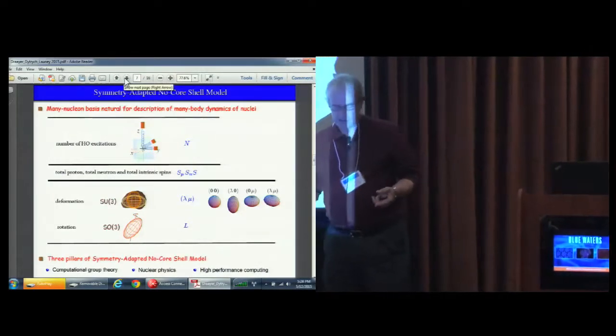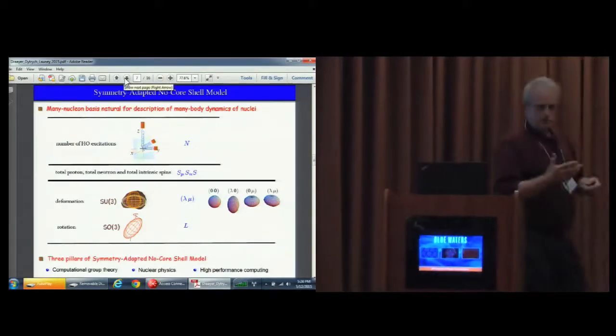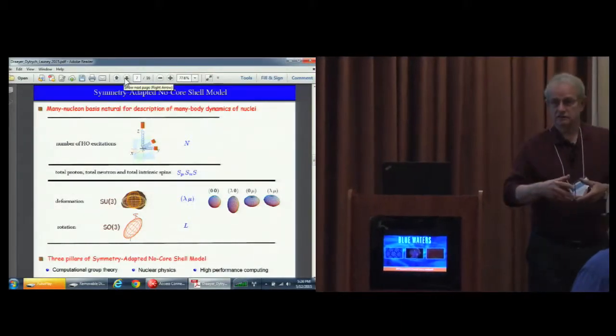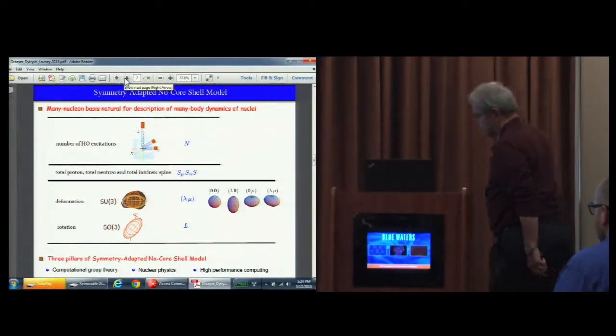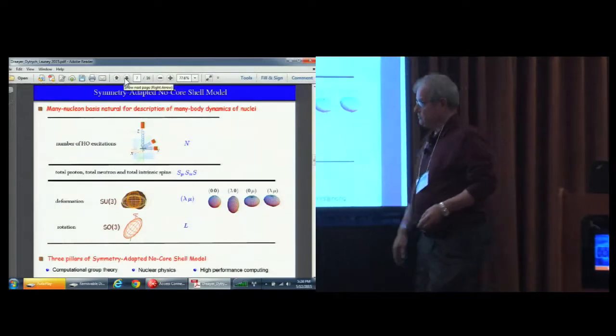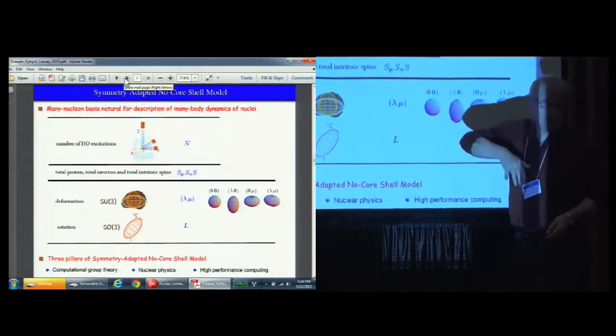And in nuclear physics, if you just study a few nuclei, you see that once you get just a few nucleons, they start showing deformation. It turns out that that tracks with SU(3). The 3 is the 3 dimensions of the oscillator.